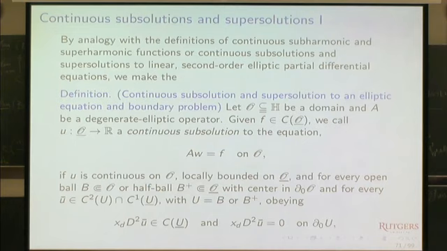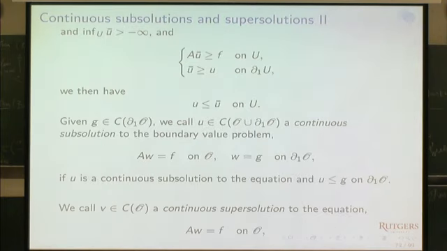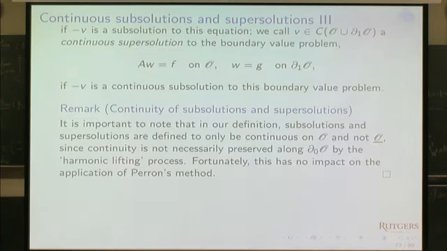But if we restrict to a half ball, then we only take into account the non-degenerate boundary. So the maximum principle for these degenerate PDE problems plays a role there. All right.